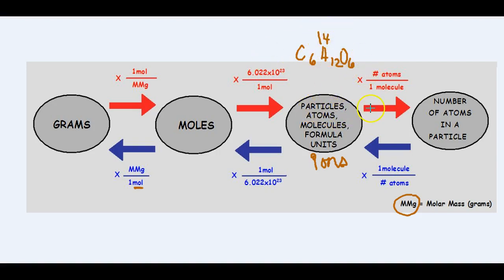So I'm going from here to the number of atoms in the particle. So I would go 14 times, there are 12 hydrogens in 1 molecule, right? This whole thing's a molecule. So one of those has 12 hydrogens in it. So I could go 14 times 12 to figure out how many hydrogens were in 14 of those, for example. So we'll use this later on in the lesson.